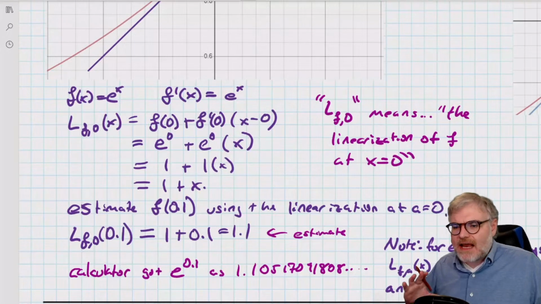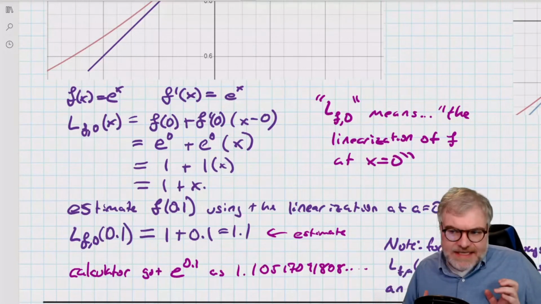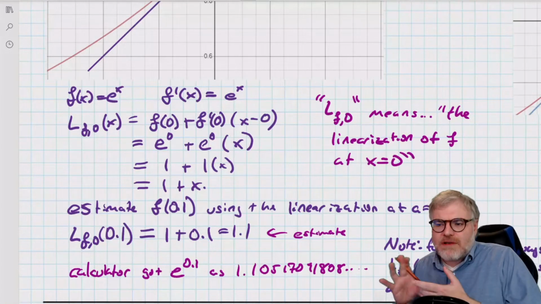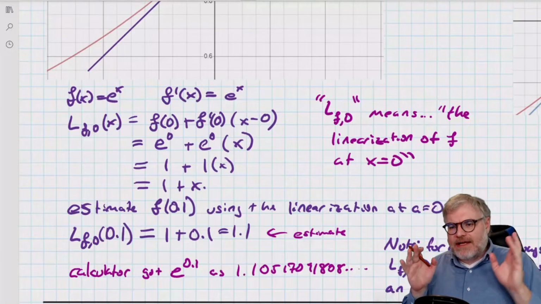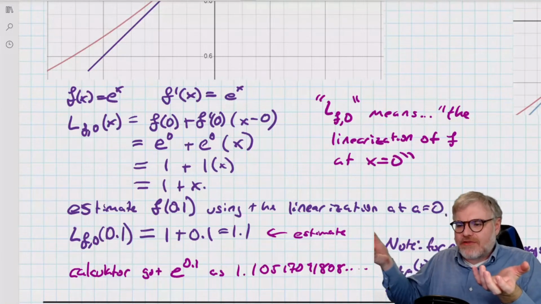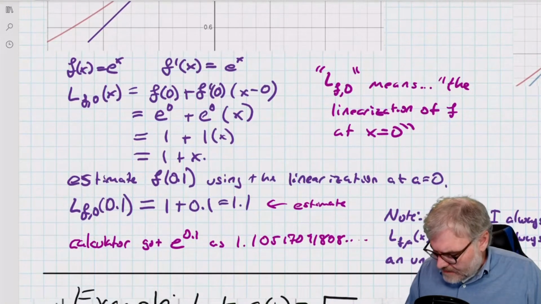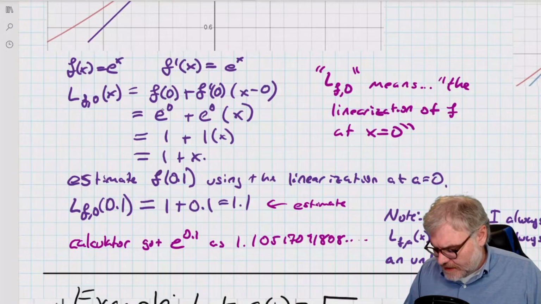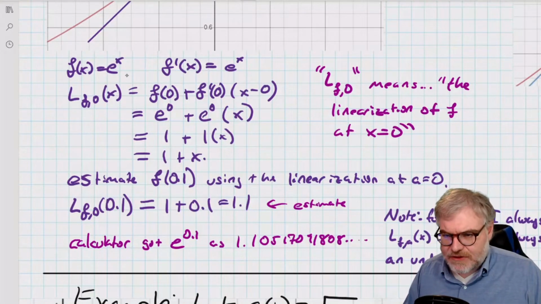Now, it's important that I'm then going to stick other x values into that linearization. So there's kind of two x's going on. You need to separate them in your mind. I've got a linearization based on a point, used to estimate other things. Okay, all right, so I want to estimate. So if I do the computation, I'm going to have e to the 0. F prime of x is e to the x because I'm starting with e to the x.